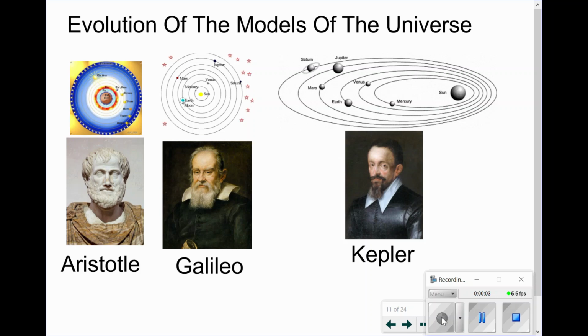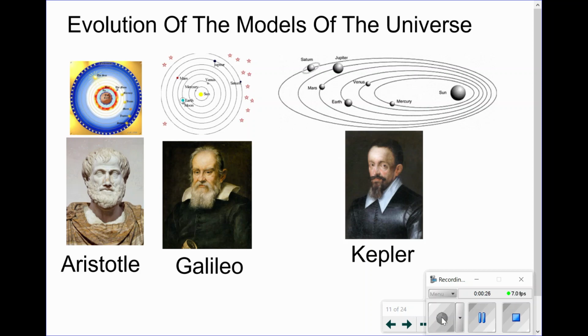Now, if we're going to understand how Newton was able to come up with his laws of gravity and how they apply to the rest of the universe, we need to first take a look back to see how the concept of the universe had evolved. So if you remember, back in the beginning, when we had Aristotle, it was viewed that everything moved in a circle around the Earth.